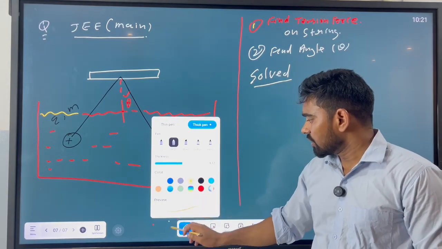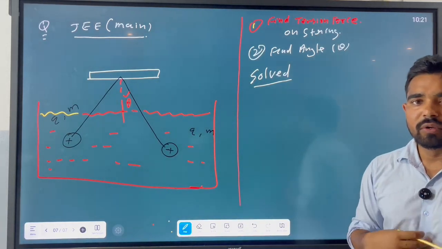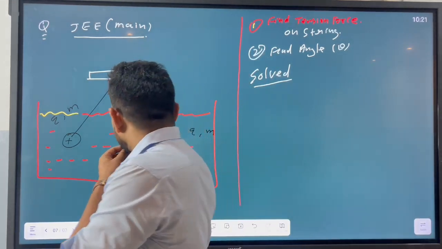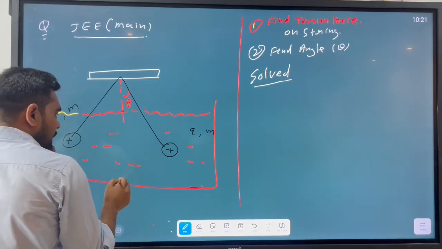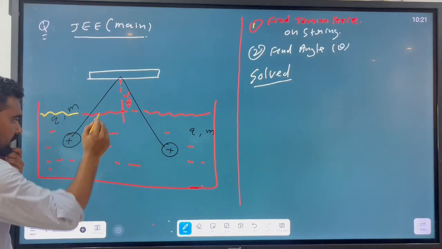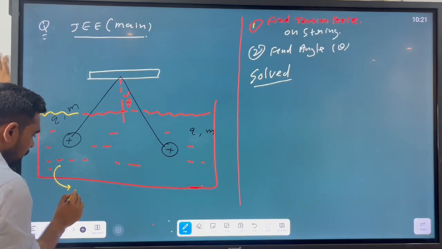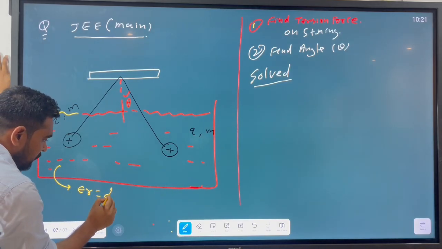A very conceptual solution of this numerical problem, no problem. Dielectric constant, meaning the dielectric strength of the medium; epsilon r is the dielectric constant.